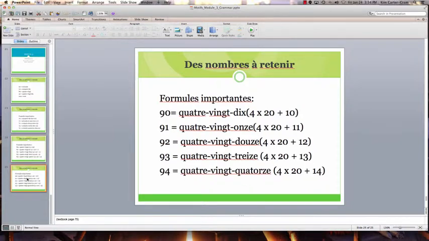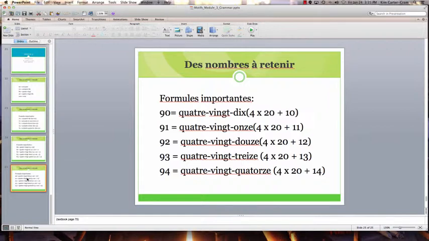But look at the craziness in the 90s. In the 90s, we said that 90 is 4 20s plus 10. So now we have to do the whole teens thing again, just like we did in the 70s. 4 20s 11, 4 20s 12, 4 20s 13, 4 20s 14, and so on. 90, 91, 92, 93, 94, and then we get to 17, 18, 19.